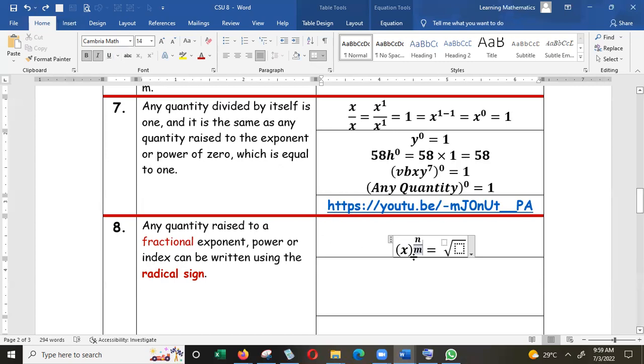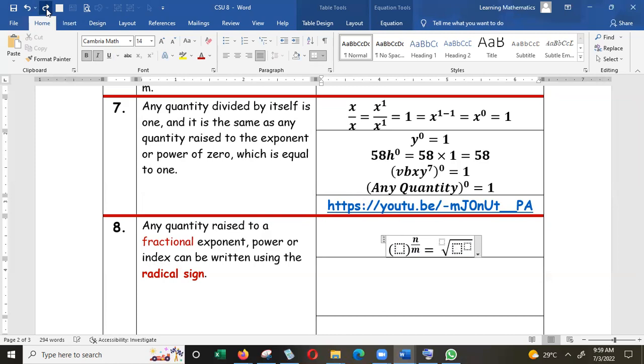The base x will come under the radical sign, and the degree of the radical sign will be the denominator, and the exponent of x under the radical sign will be the numerator. So the numerator will be the exponent under the radical sign, and the denominator will be the degree outside of the radical sign.